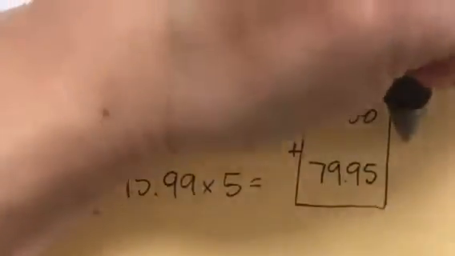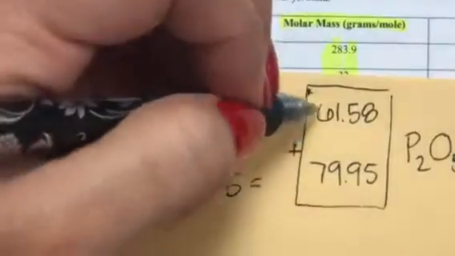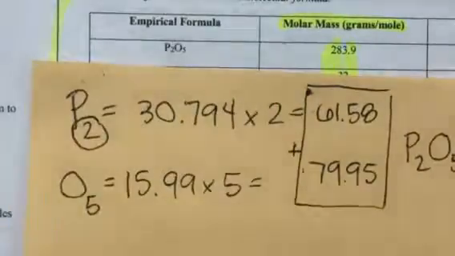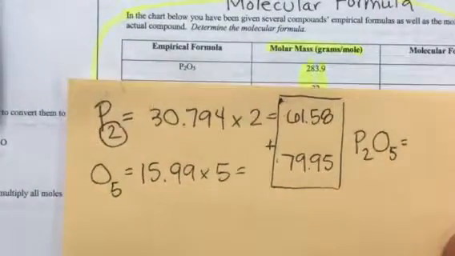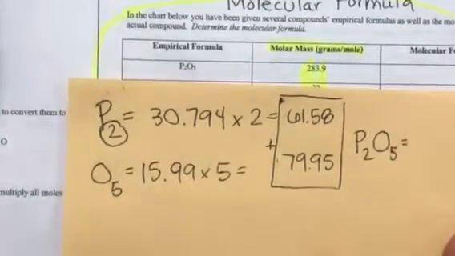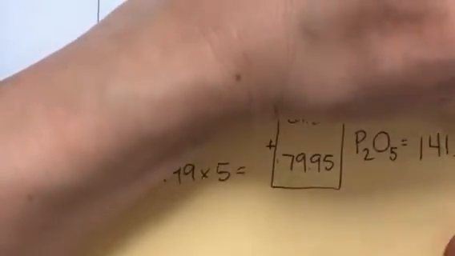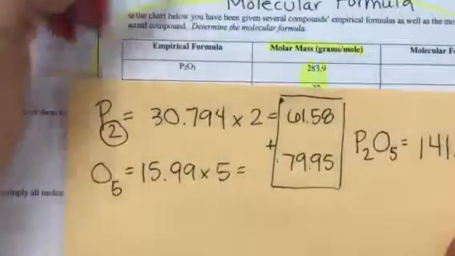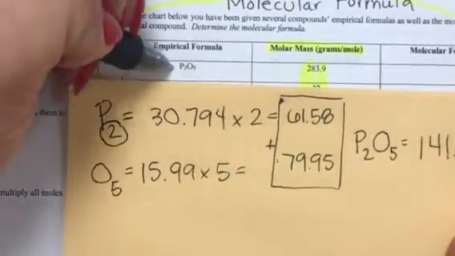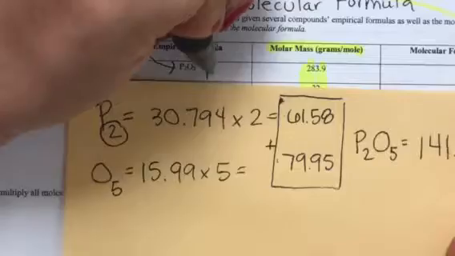So to get the total mass of P2O5, I add these two together. 61.58 plus 79.95. The total mass is 141.53. Now if you take a look here, this is the empirical formula. So what I just calculated was the empirical mass.